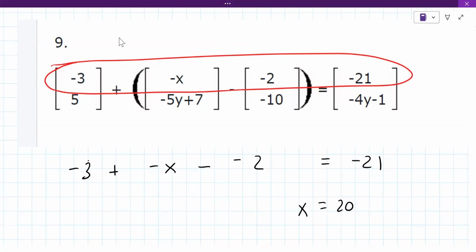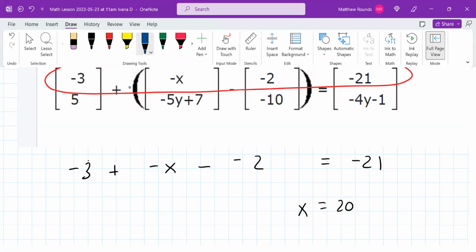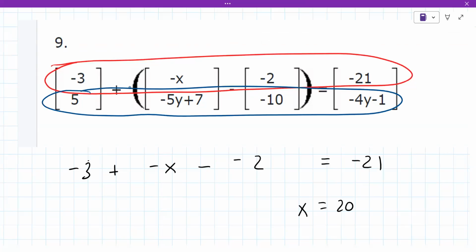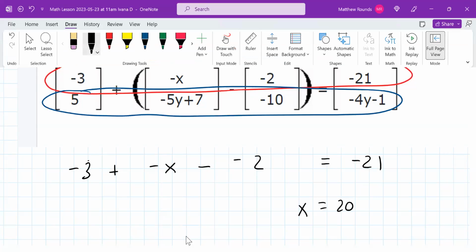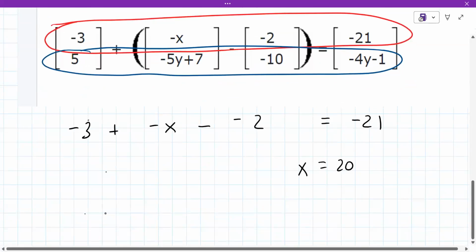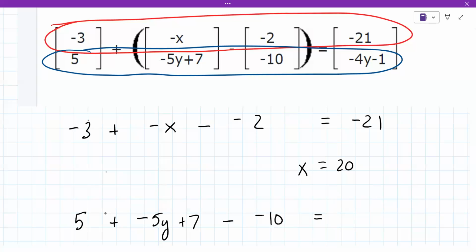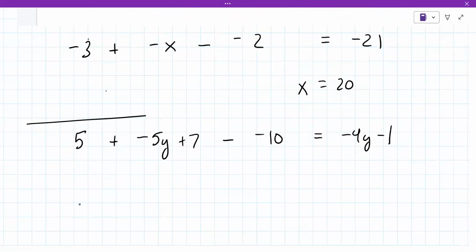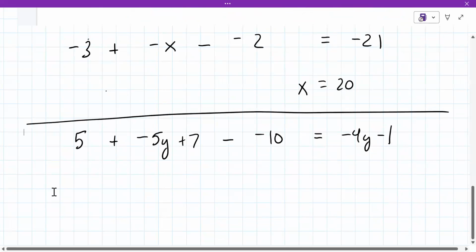Okay, now we're gonna do the same thing for the second row here. Second row is 5 plus -5y plus 7 minus a -10 equals -4y minus 1. So this one looks more complicated. It's got more stuff going on.